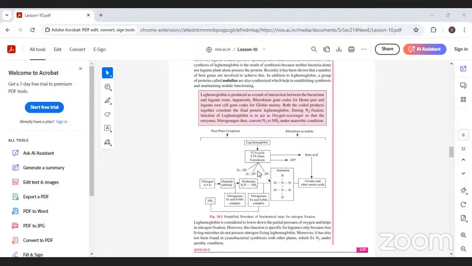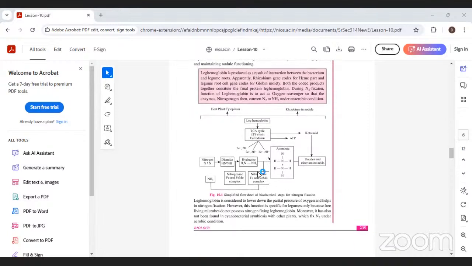Another one, leghemoglobin is considered to lower the partial pressure of oxygen and help in nitrogen fixation. However, this function is specific to legumes only, because free-living microbes do not possess leghemoglobin for nitrogen fixation.